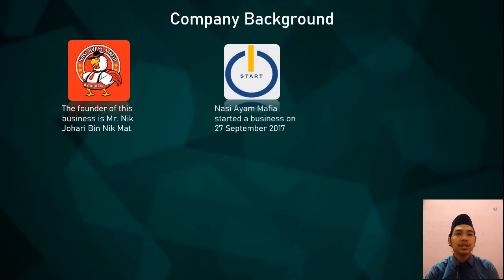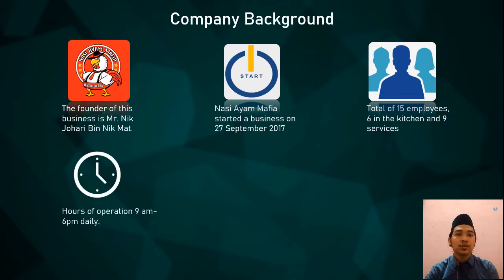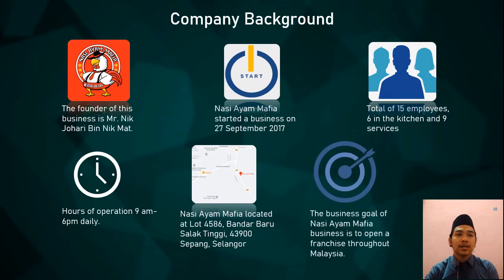The total is 15 employees, with 6 in the kitchen and 9 in service. The daily operation of the restaurant is 9 AM to 6 PM daily. Nasi Ayam Mafia is located at Bandar Baru Salak Tinggi. The business goal of Nasi Ayam Mafia is to open franchises throughout Malaysia.